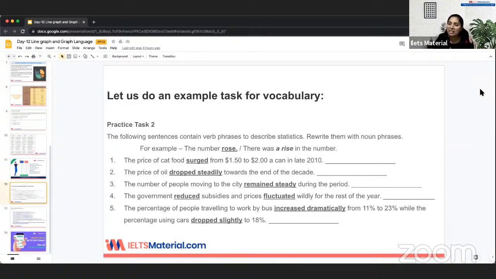So you can write it this way. I guess was constant is not grammatically correct. Remain the same, were steady. Okay. Next can be: the number of people moving to the city were constant during the period, were steady during the period.